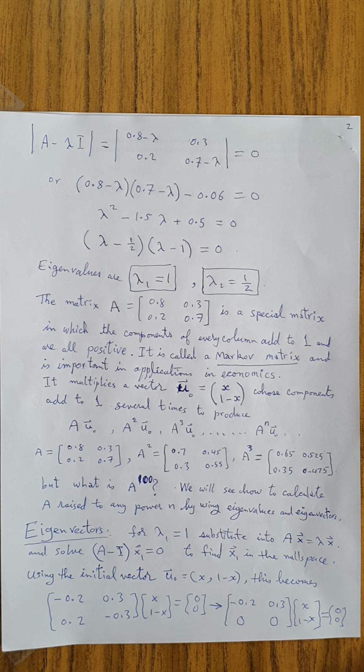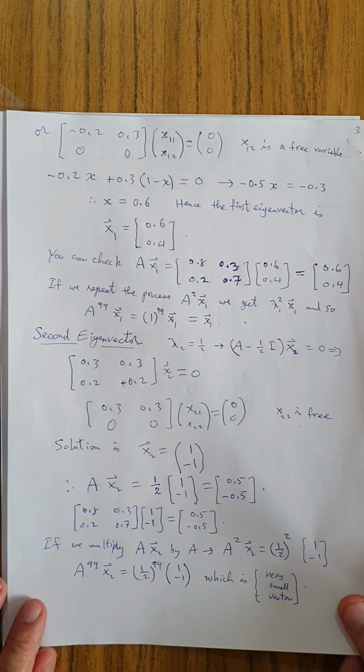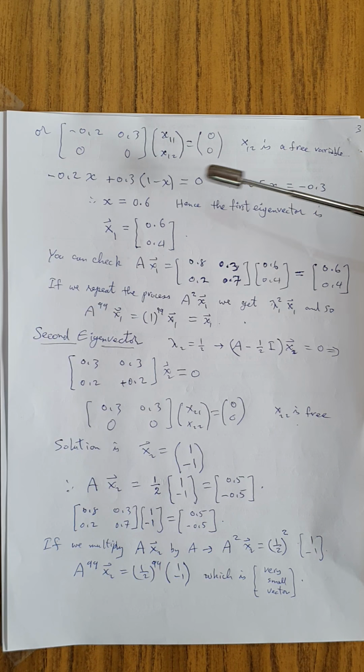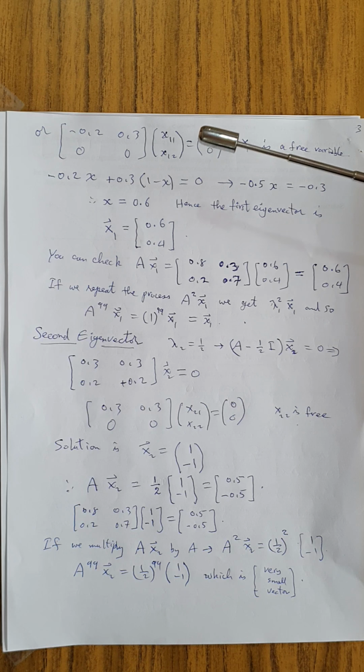Now, x1 minus x is a free variable, and if we substitute by solving from the first row, minus 0.2 times x11 plus 0.3 x12 equals 0.